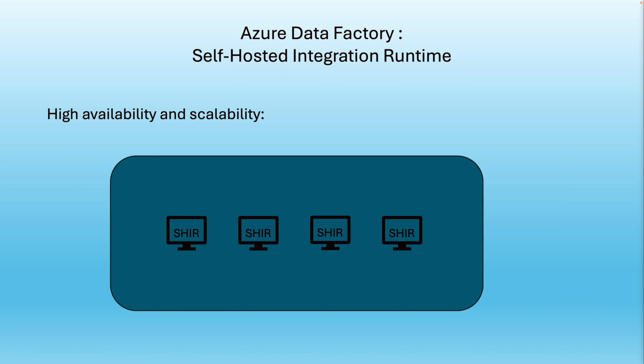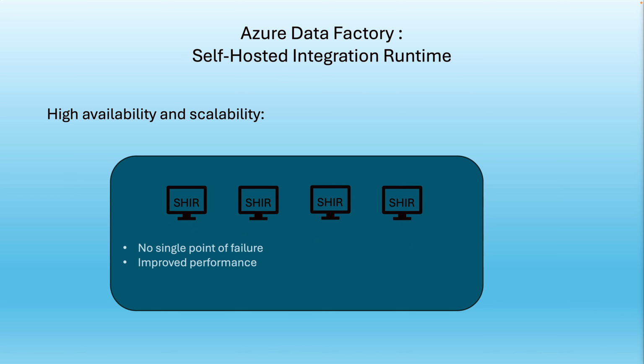The benefit of having multiple nodes on on-premises machines is high availability of self-hosted integration runtime, so that it's no longer the single point of failure in your big data solution or cloud data integration. The availability helps ensure continuity when you use up to 4 nodes. It also gives improved performance and throughput during data movement between on-premises and the cloud data stores.